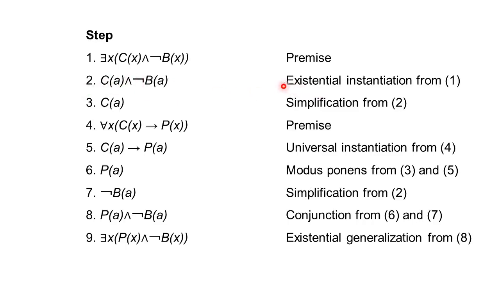This is an existential instantiation from 1. The instantiation means we can use a constant or any value for the variable. Here a is a value for x. C(a) is a simplification from 2. Simplification from 2 means C(a) and not B(a); both should be true. That means C(a) is true.